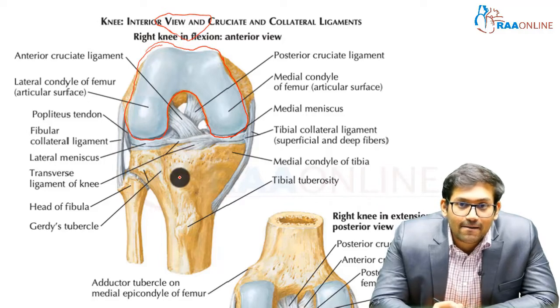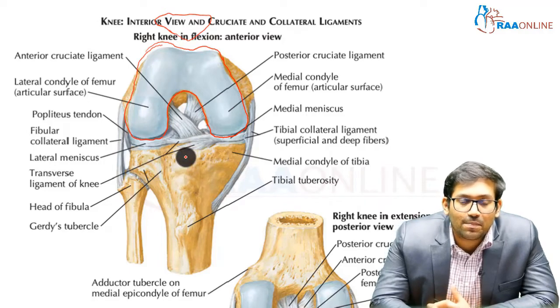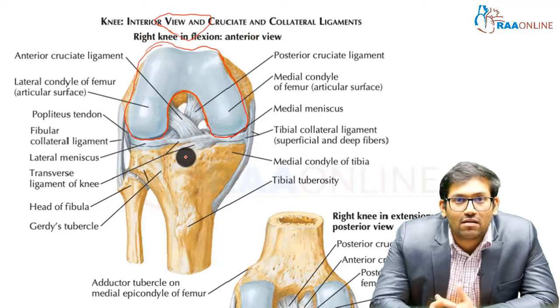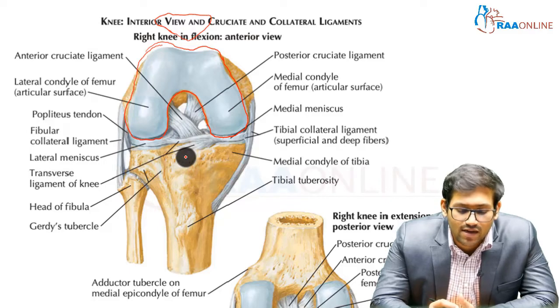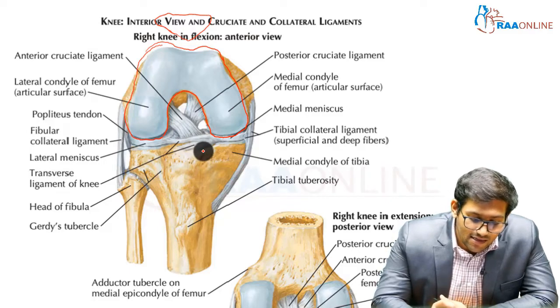So the three main structures present within the knee joint, which give the main restraints for the stability of the knee joint when you're doing squats, jumping, doing multiple activities from football to all sporting activity, are these three things.